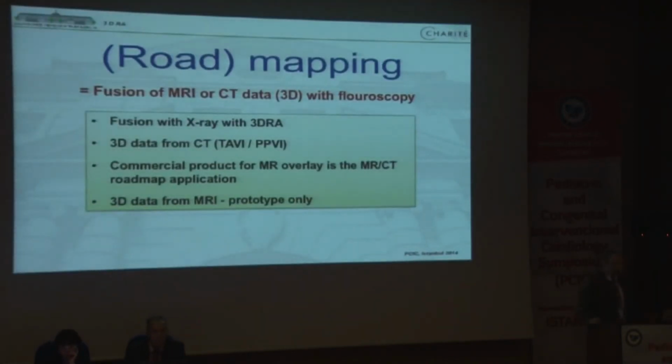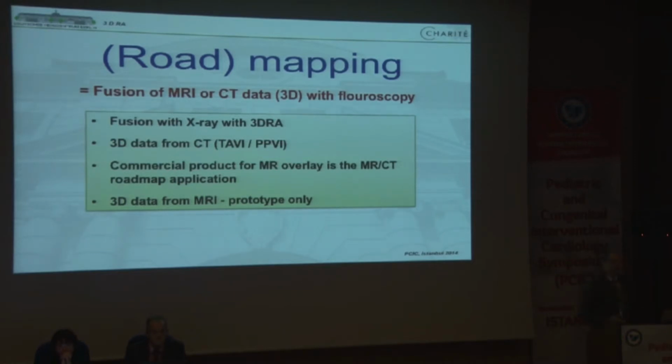So what you can do is fuse those imaging projections you already achieved with the MRI or the CT data, which already have the content of three-dimensional data, and you can use this as an overlay or an additional spatial reconstruction model for what you achieve as additional information with the fluoroscopy.